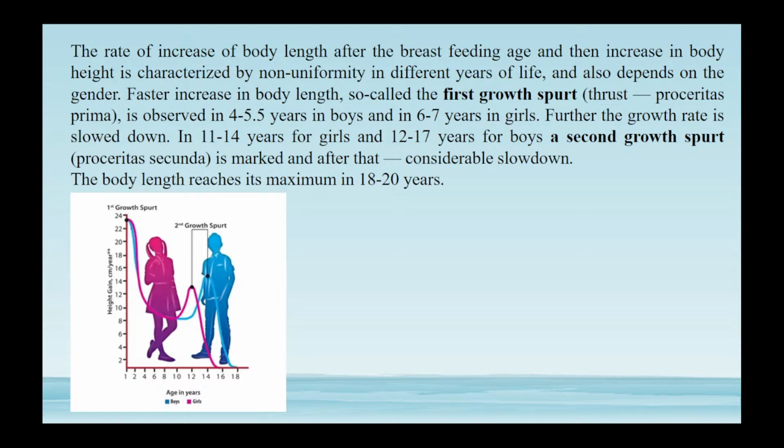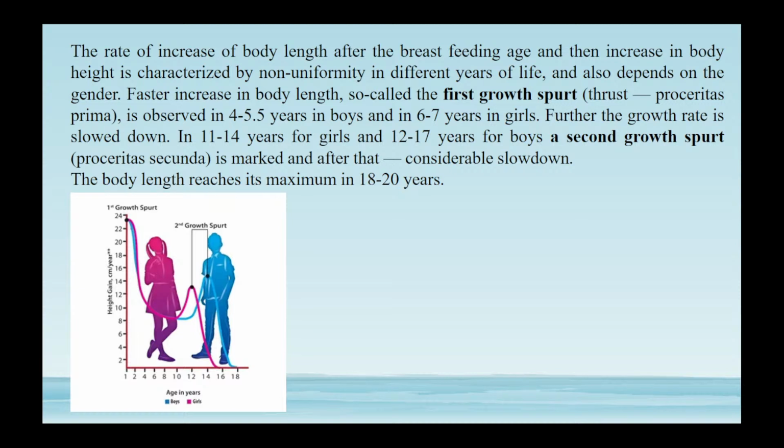The rate of increase of body weight after the breastfeeding age and then increase in body height is characterized by non-uniformity in different years of life and also depends on gender.